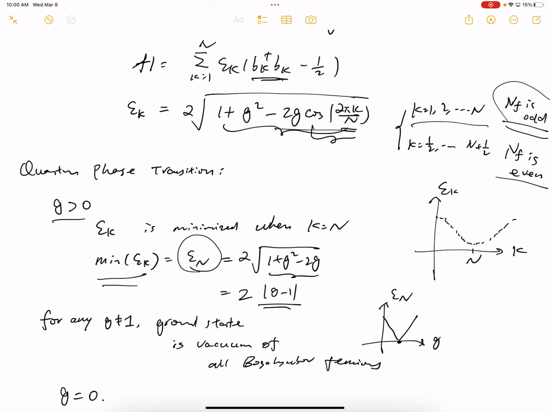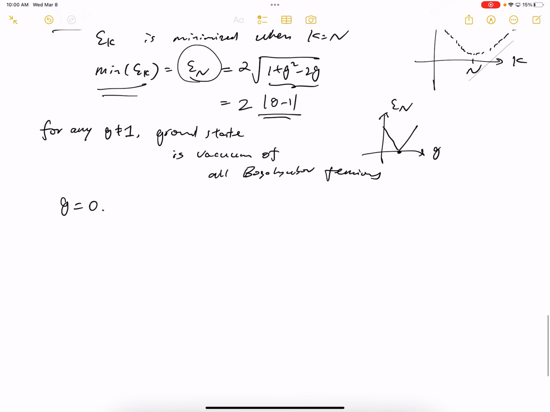In some sense, this Hamiltonian is block diagonal. Depending on whether the total number of fermions is odd or even, you get different energy eigenstates. So you simply cannot have a twofold degeneracy even at g equals 1, due to this parity concern. And you can calculate the ground state in both sectors separately.